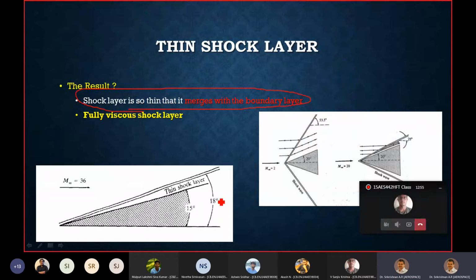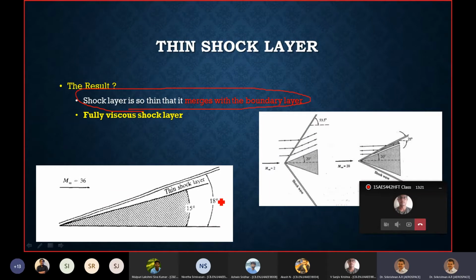Keep in mind that in the compressible flow course, we always considered the shock formation, etc., inviscid. But now in hypersonic flow, if the Mach number is significantly high, the shock layer will be so thin that it will try to merge with the boundary layer.